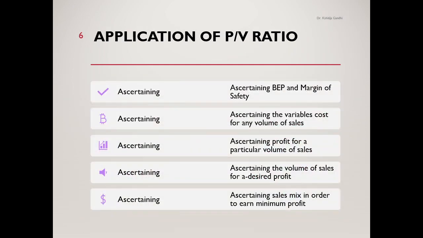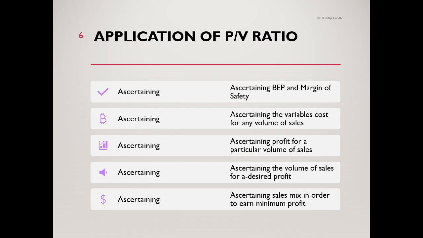Now, very important question, where the PV ratio is applied. Ascertaining BEP, that is break even point, and margin of safety. For ascertaining the variable cost for any volume of sales. For ascertaining profit for a particular volume of sales.